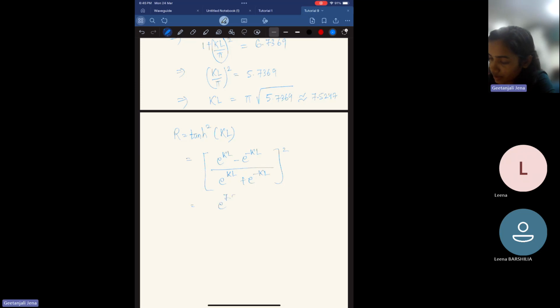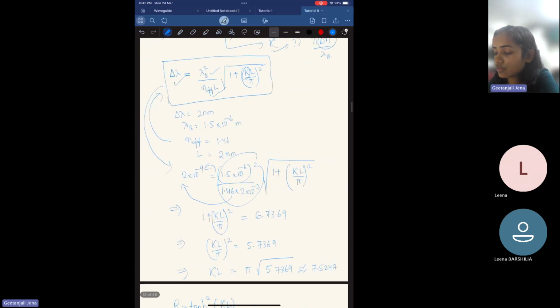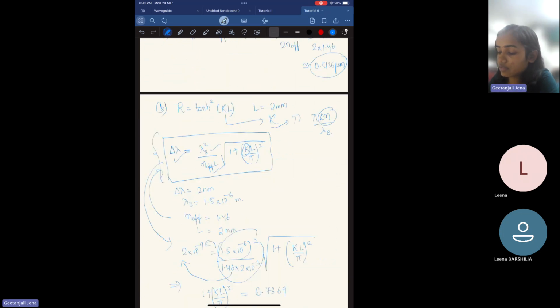So it was 7.5247 minus 7.5247, and the same expression with a plus sign. So this value will come around 0.99. Okay. So the only thing to remember is this expression.